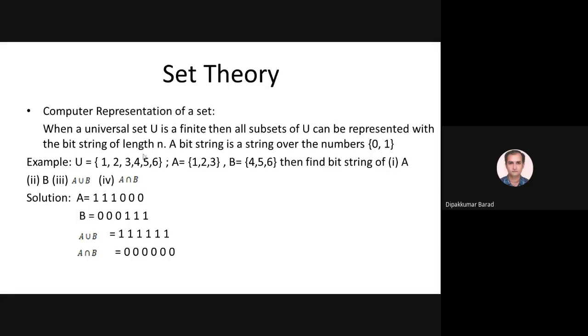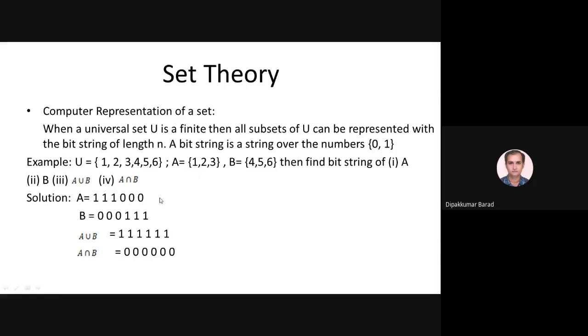As U we have 1, 2, 3, 4, 5, 6, and A is {1, 2, 3}. So the first three elements are also in A, and for those I write 1, 1, 1. And 4, 5, 6 are not elements of A, so I write 0, 0, 0.